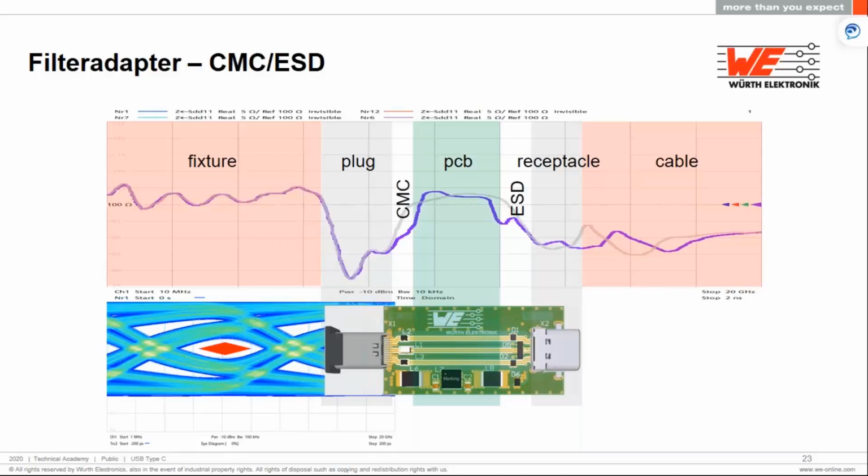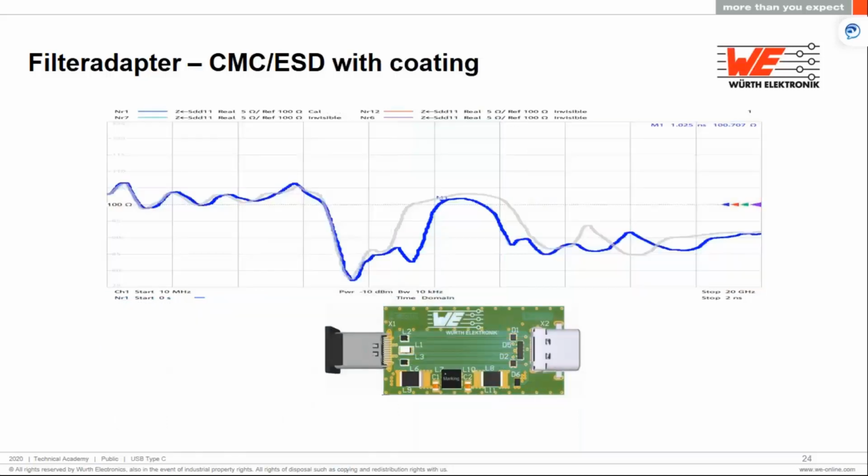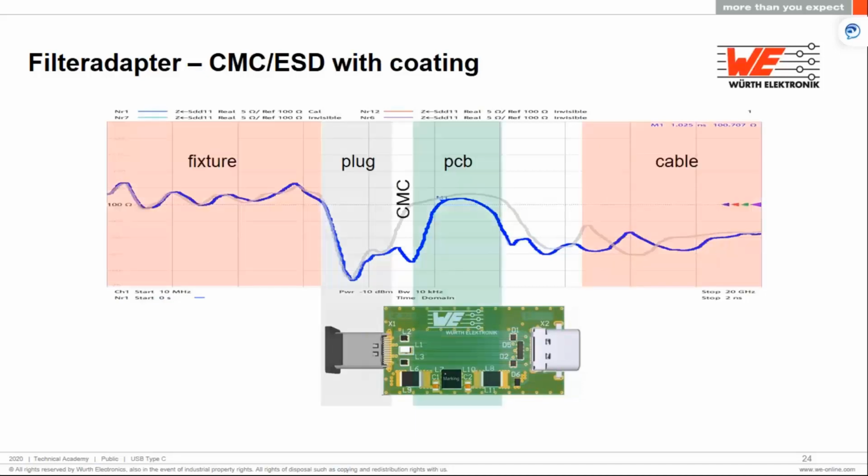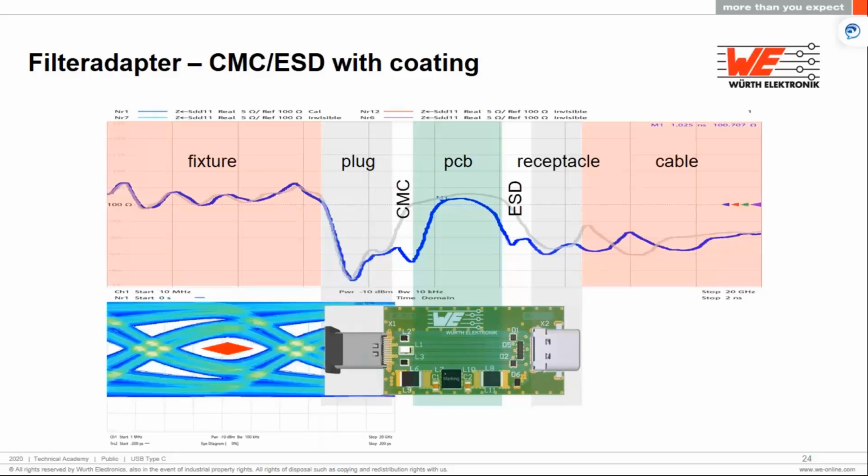But if we put that coating on it, the proper type of coating, to make sure that the fixture, plug, common mode choke, and receptacle impedances still remain the same, and the eye diagram is not manipulated at all. So whenever we are adding components on the grounds of protection or safety, we always need to make sure that they don't change the eye diagram, they don't manipulate the signal transfer or the data transfer.